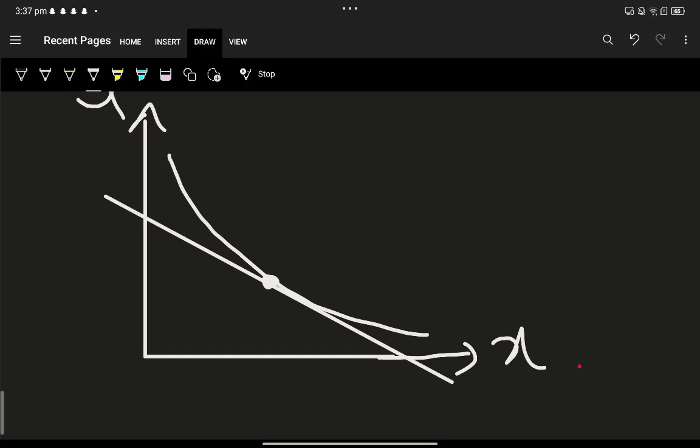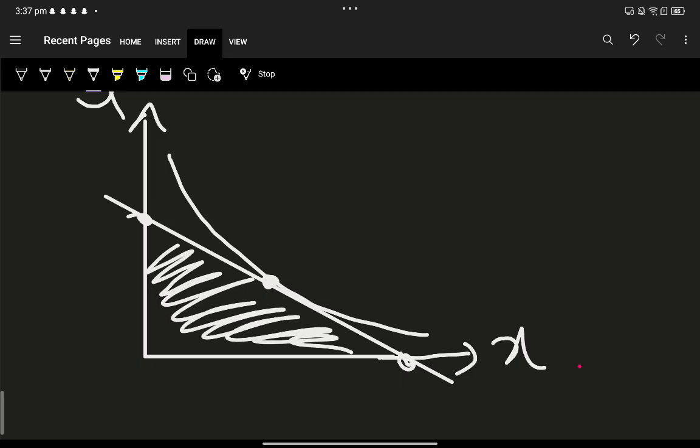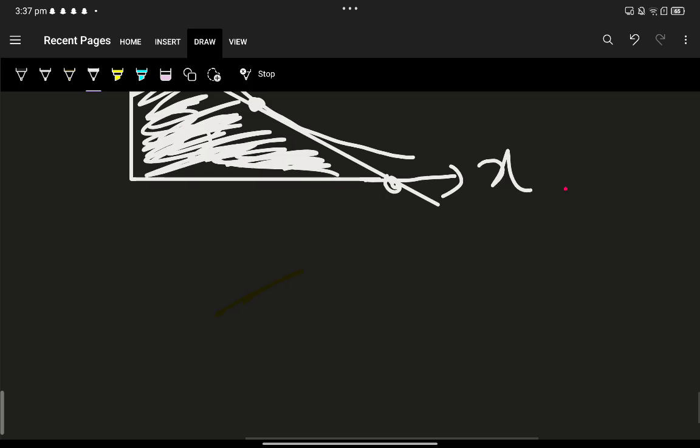I have drawn the diagram once again, and as you know, this right over here is the x-intercept, this is the y-intercept, and we have to find the area of this triangle. To do that, we'll find the equation of the tangent line first.